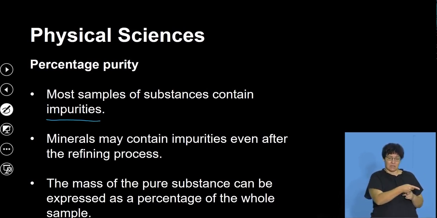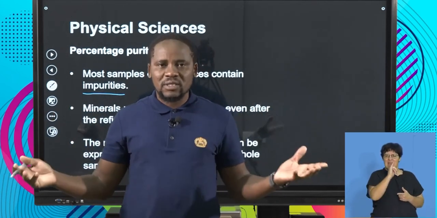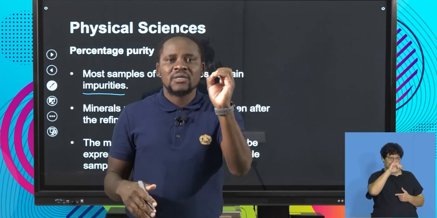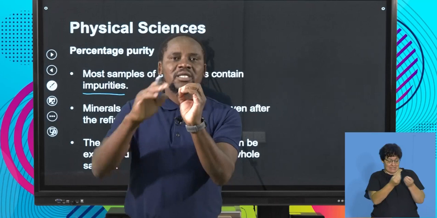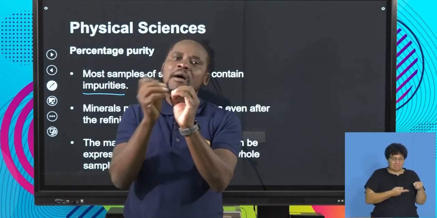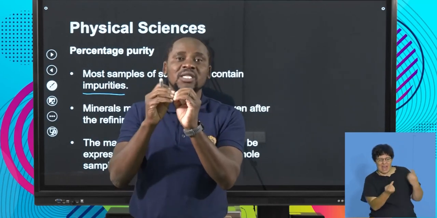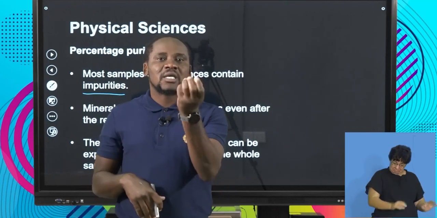If you ask yourself the most important question, what are impurities? Suppose you've got a substance, when you find it in the manner in which it occurs, it's not 100% pure. It may have some other substances which are not the main substance. As a result, we'll say that this substance is impure.